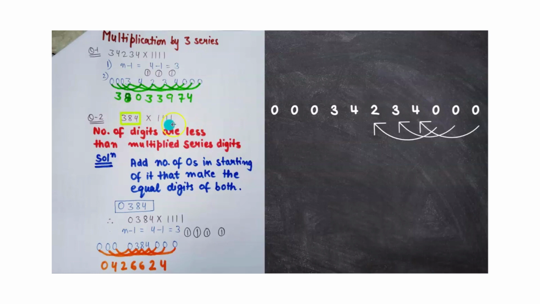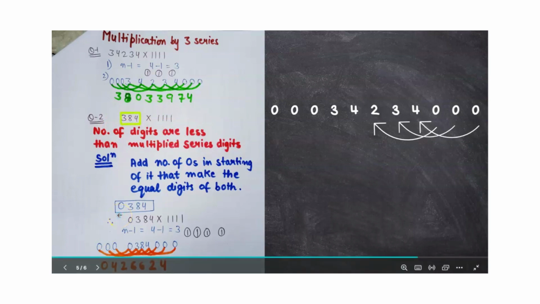So for this type of question, when the number of digits are less than the multiplied series digits, you need to add zeros at the start of that number to make it equal to the multiplied series digits. Here are 3 digits, here are 4, so you need to add 1 zero at the start, so that 4 will be equal to 4.